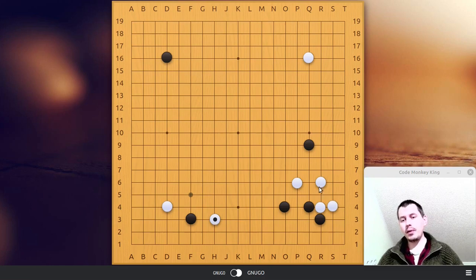So bearing in mind what I've just said about building bases, this move, on the one hand, surrounds the black stone, which kind of forces black to run towards the center, or try to protect the corner if black would consider playing here, which would probably be much better for him.